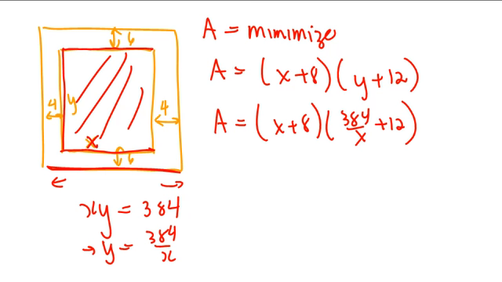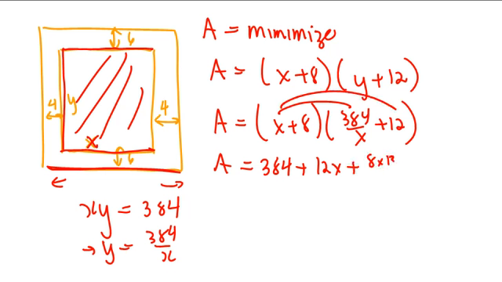Now I could use the product rule, but I think this is just two binomials, so I'm going to quickly multiply this out and get an expression. So that's 384 plus 12x, that's these two, plus 8 times 384 over x plus 12 times 8.